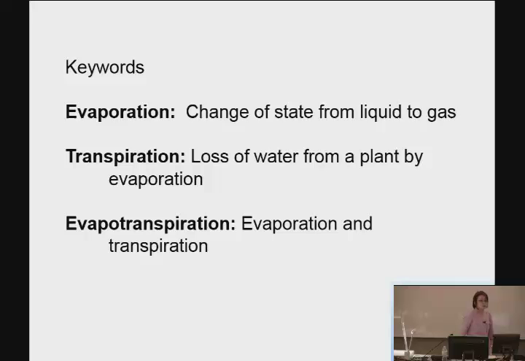Okay, so terminology. You are probably already familiar with evaporation, transpiration, evapotranspiration. Is evapotranspiration a new word for you, or have you heard of that? You have, yeah. Evaporation is just the change of state from liquid to gas, and transpiration is the evaporation from plant tissue.